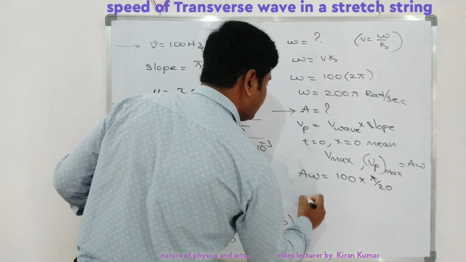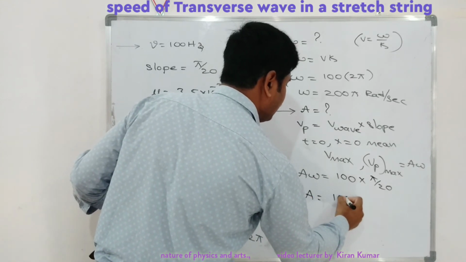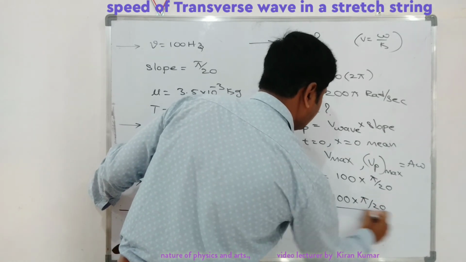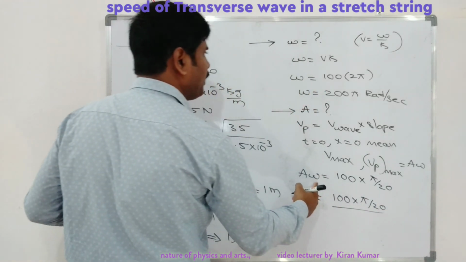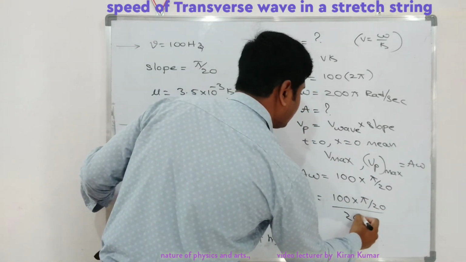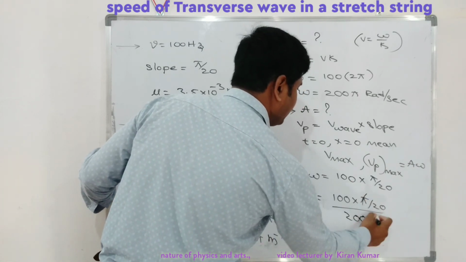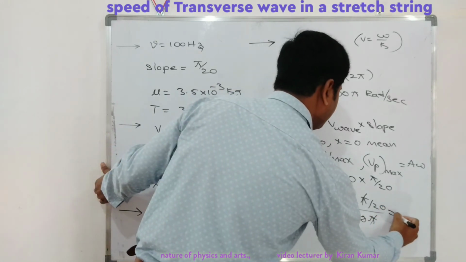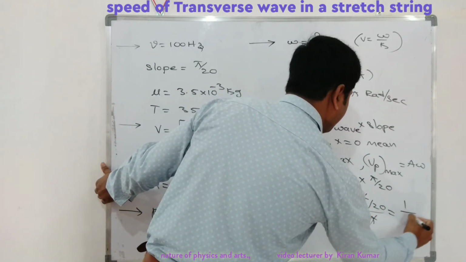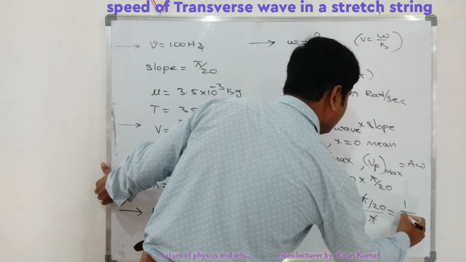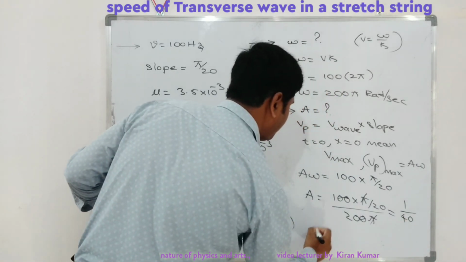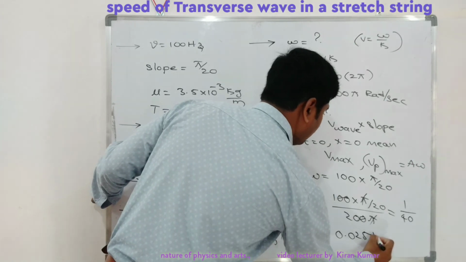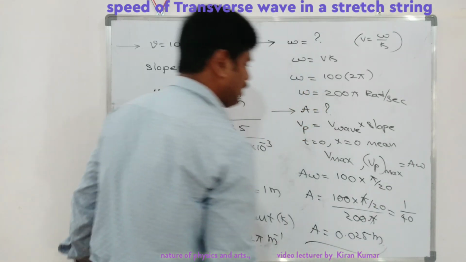Then A is equal to 100 into pi divided by 20 divided by omega value 200 pi. Pi gets cancelled, two zeros get cancelled, then the value is 1 divided by 40. So the amplitude answer is 0.025 meter. This is also correct.